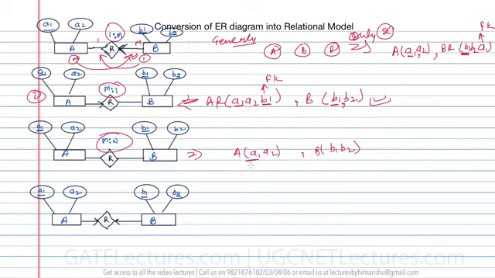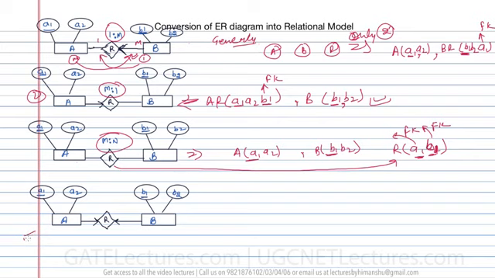In table A, A1 is the key attribute, and in table B, B1 is the key attribute. Then, because it's a many-to-many relationship, we have to create a table for the relation, with A1 and B1 as the key attributes, which are foreign keys to their respective relations. So if we have a many-to-many relation like this, we can use this.